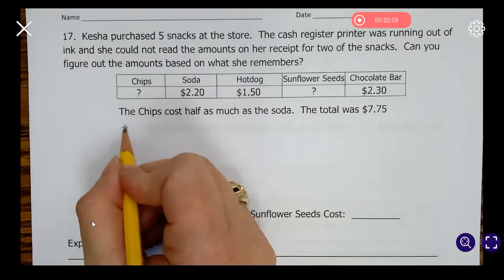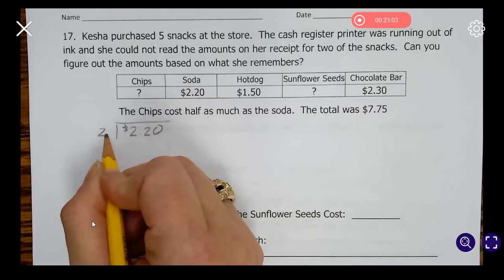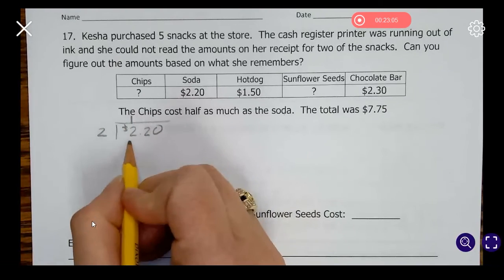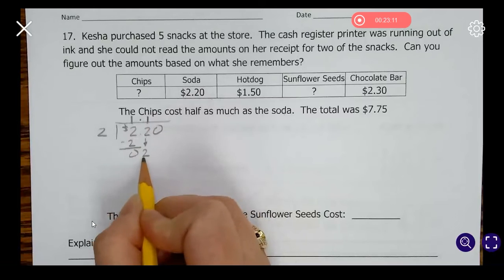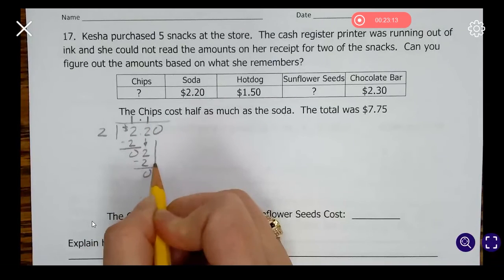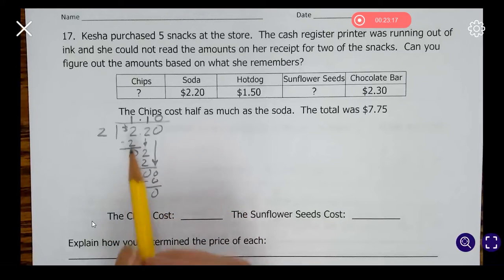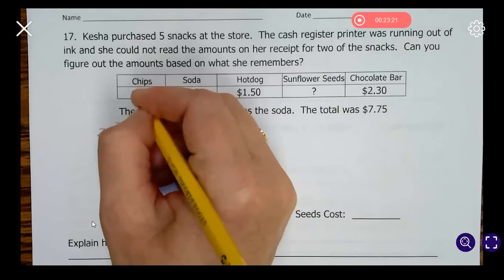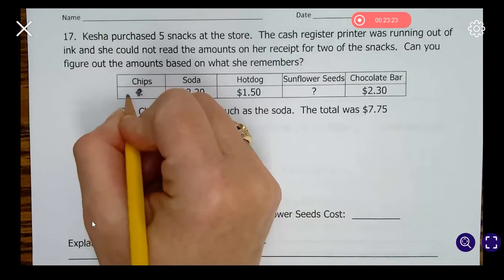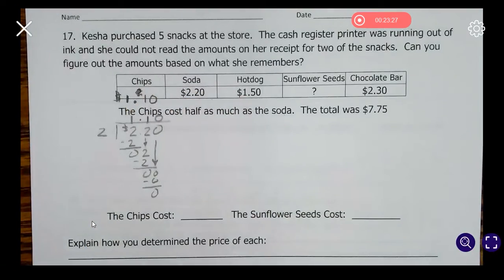So $2.20 divided by 2 would be 1.10. So the chips cost $1.10. All right, so I'm going to cross this off. It's $1.10.